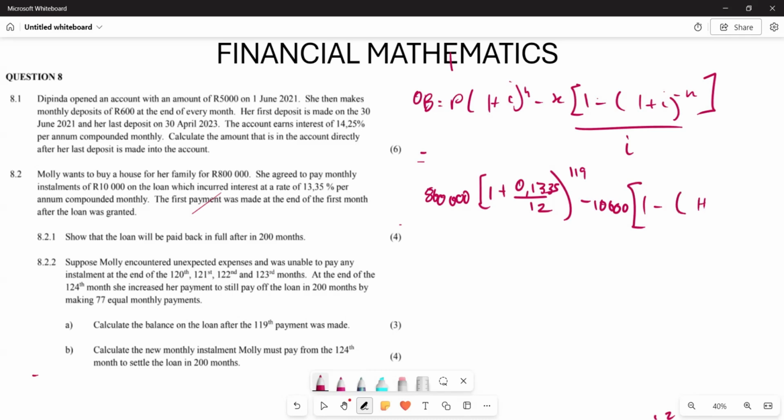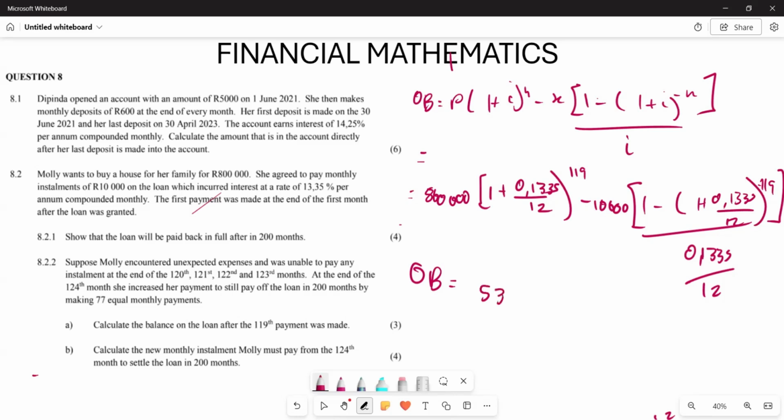1 subtract 1 plus 0.1335 over 12 to the power of negative 119, over 0.1335 over 12. When you do that, you are going to realize that the outstanding balance is still going to be 530,009.55.